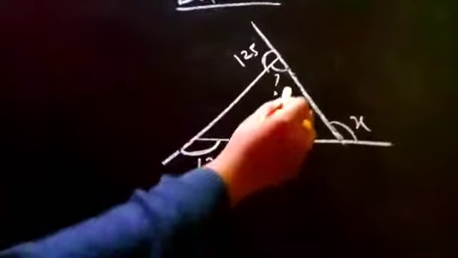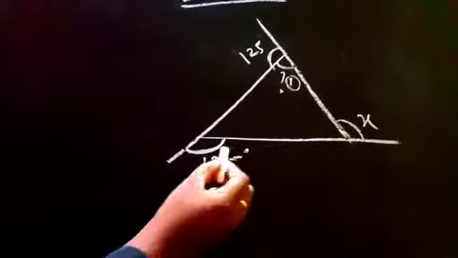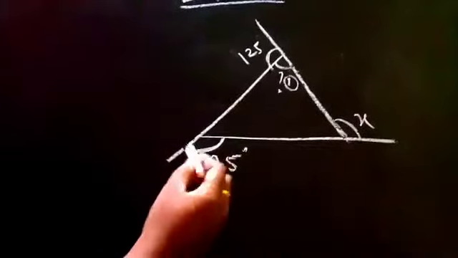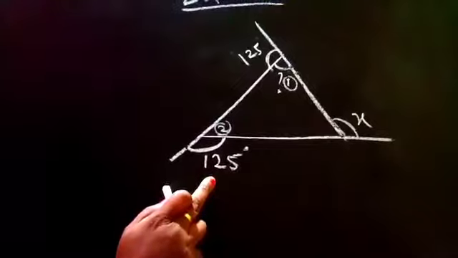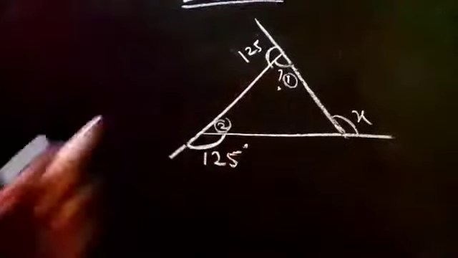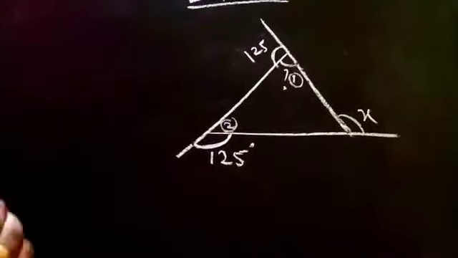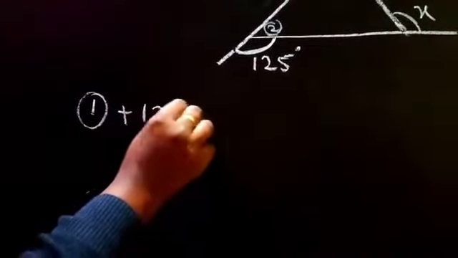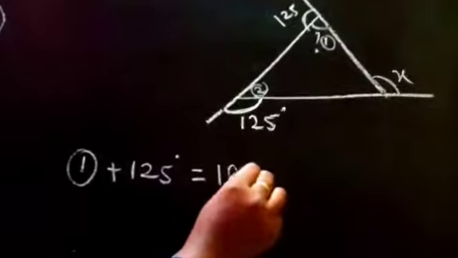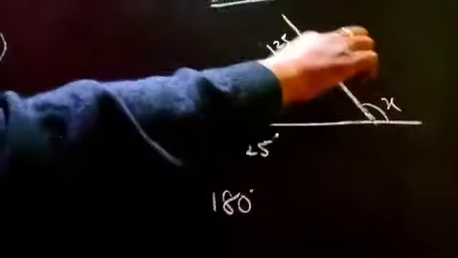In this place I will mark the first angle. Here also 125 only they have given, so both will be the same. If any other number comes here, this one also we have to find like this only. So now the first angle plus 125, when we add, will get 180 degrees because it is a straight line.